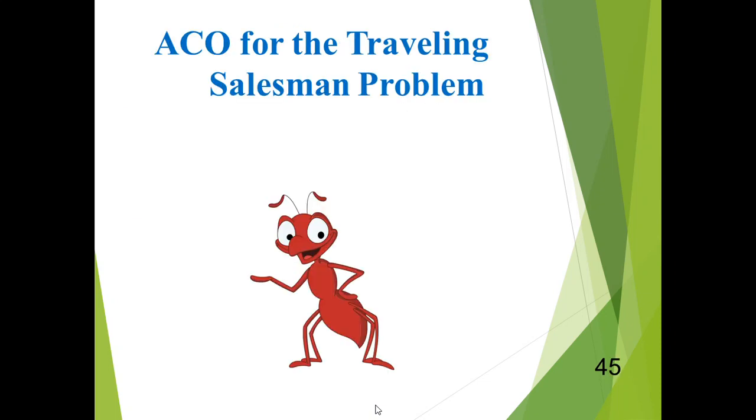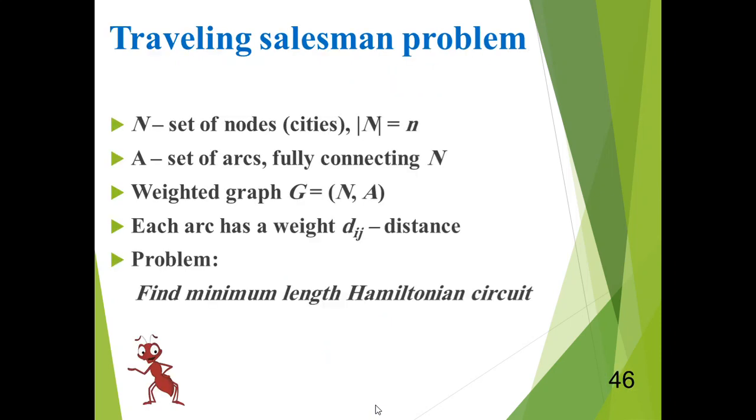The ant colony optimization for the traveling salesman problem, that means ACO for the TSP. The TSP problem: N is the number of cities.